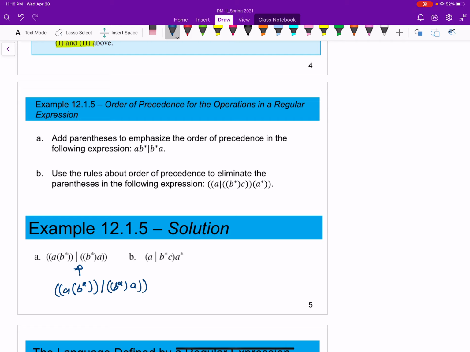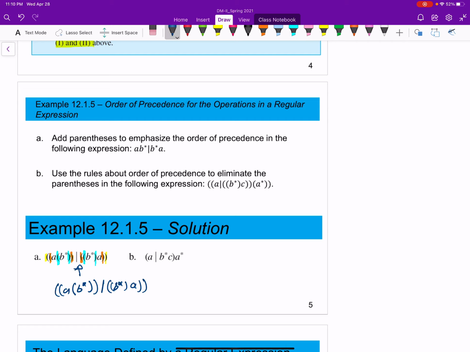You can pair the parentheses if you need: this goes with that, this goes with that, that goes with this, and finally this goes with that. These are the ways the parentheses are set.